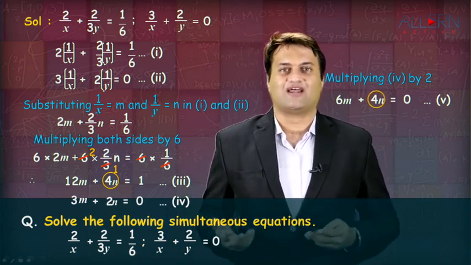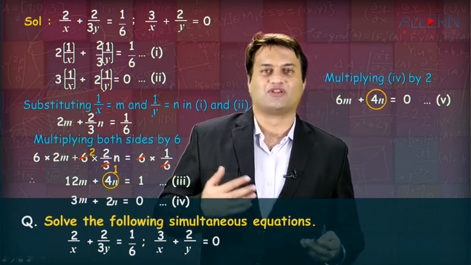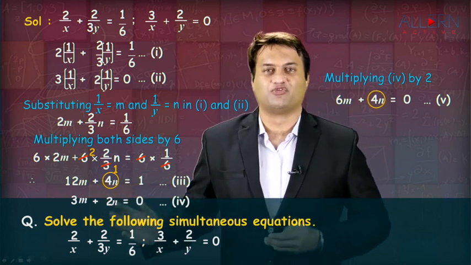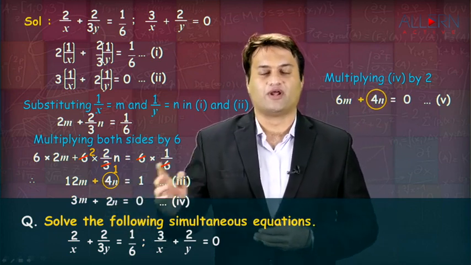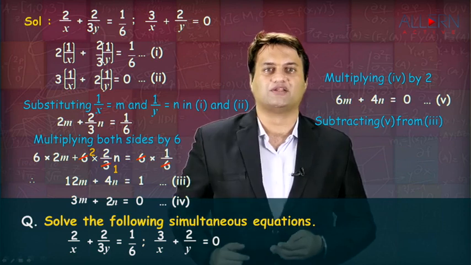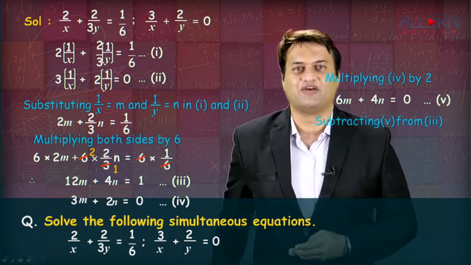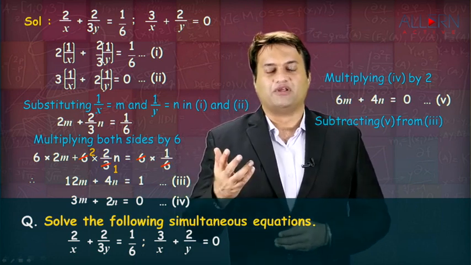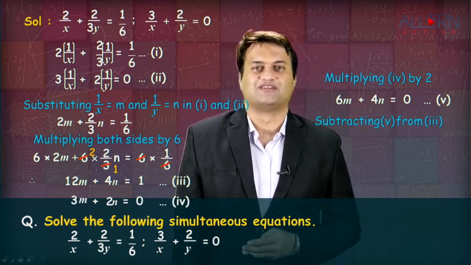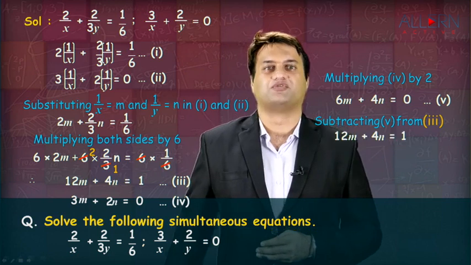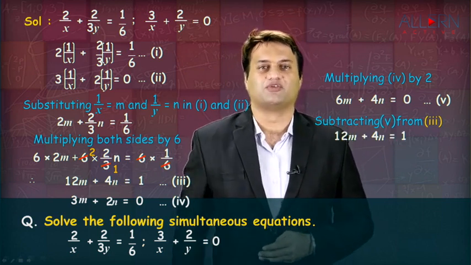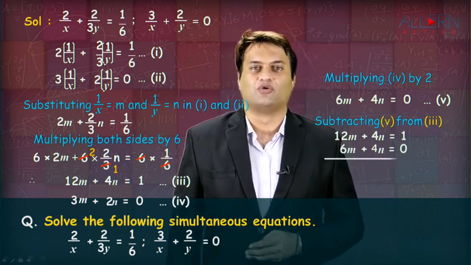Now we need to either add the two equations or subtract. For that we need to check the signs of 4n. Here it is plus 4n, even in equation 5 it is plus 4n, the signs are same, so we need to subtract. Let's subtract 5 from 3. When we subtract equation 5 from equation 3, you need to write the third equation first, then write the fifth equation, and now you need to subtract.